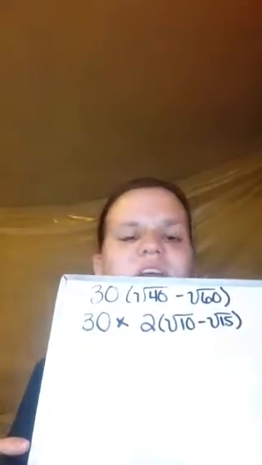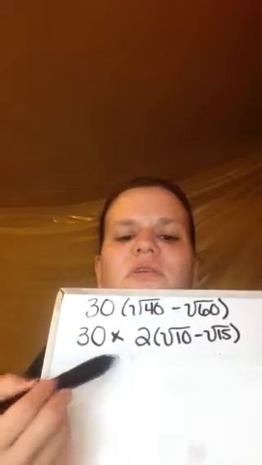First problem was 30 times, and we're going to put our new simplified answer into there. It's going to be times 2 times the square root of 10 minus the square root of 15. Once it's simplified, it makes it a lot easier. It doesn't matter what those numbers are under the square root.